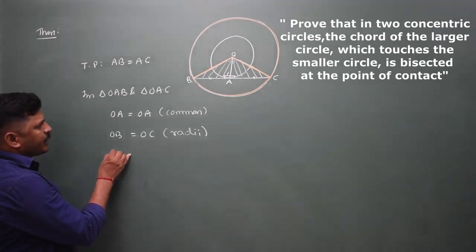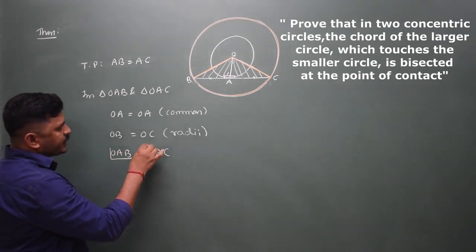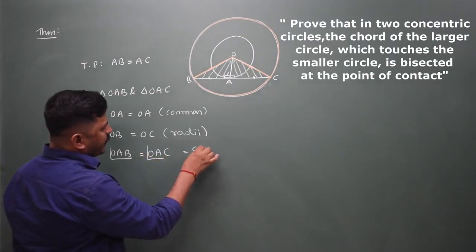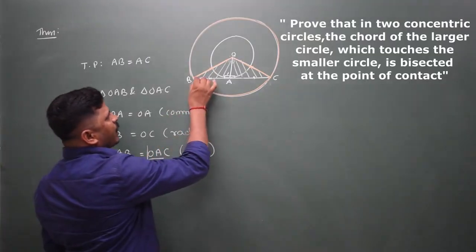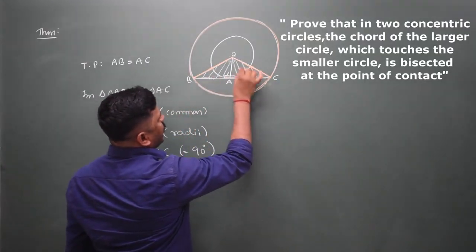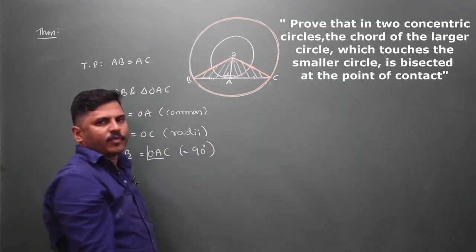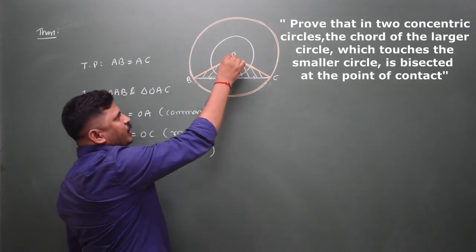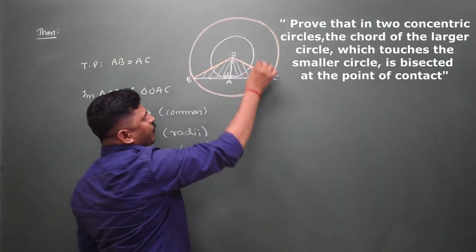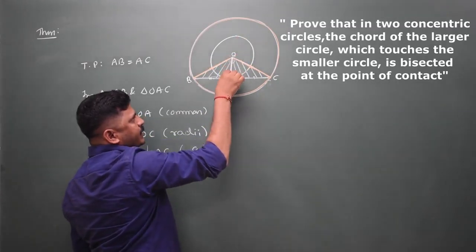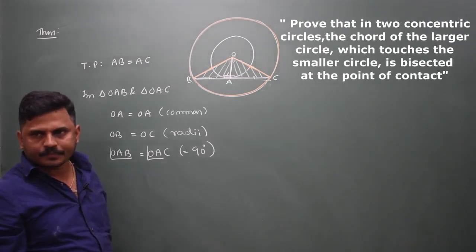That means angle OAB equals angle OAC, which equals 90 degrees. Always the tangent is perpendicular to the radius at the point of contact. So this is the radius and this is the tangent for the smaller circle. Hence it is 90 degrees.